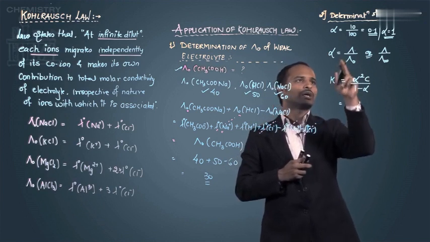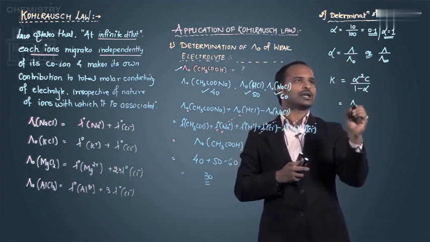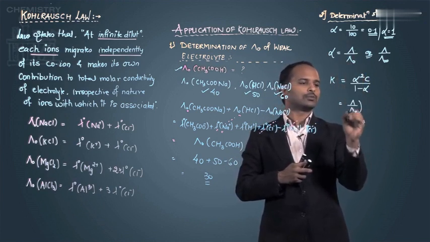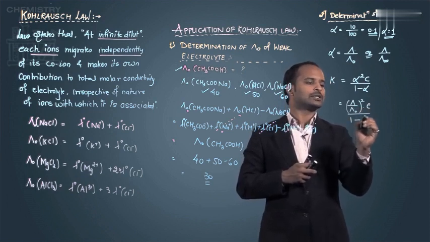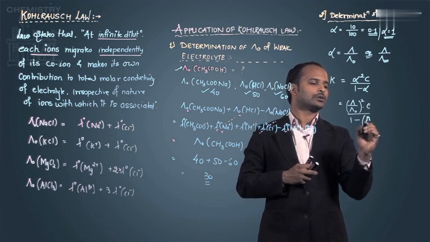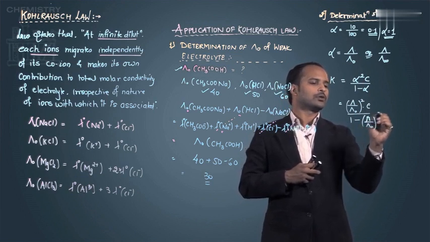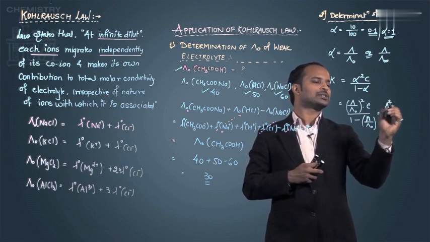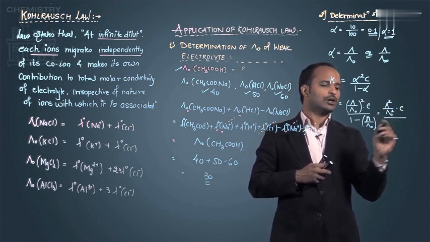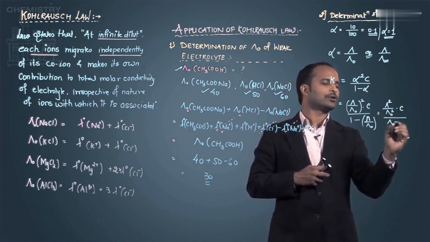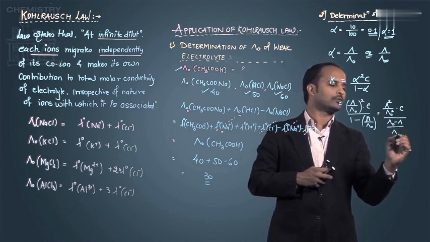And if you want to know alpha, then the alpha formula is lambda upon lambda naught. Substituting, K equals lambda upon lambda naught, into C upon 1 minus lambda upon lambda naught, which can be written as lambda square upon lambda naught square into concentration, upon cross multiplying, lambda naught minus lambda upon lambda naught.